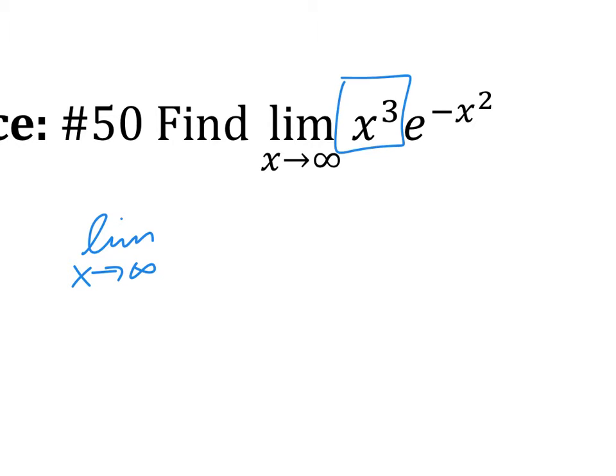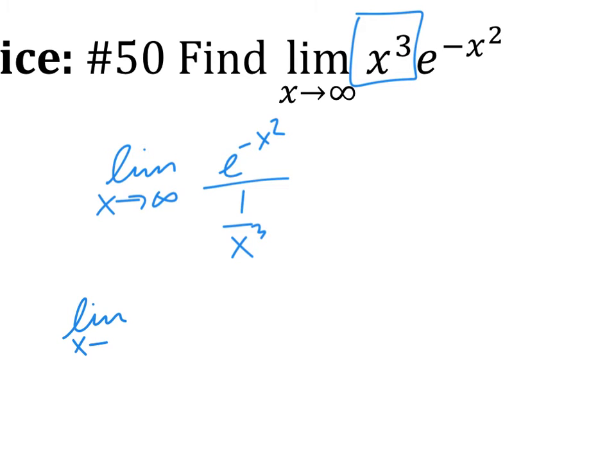What can we do with this x cubed? Put it in the denominator. If it goes in the denominator, what is it going to look like? 1 over x cubed. Now both of them will go to what? 0. Both of them are going to go to 0.